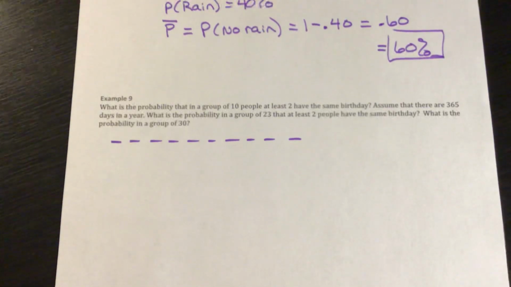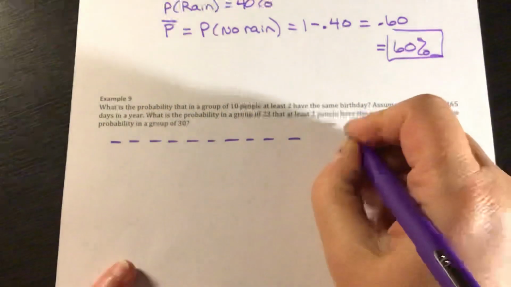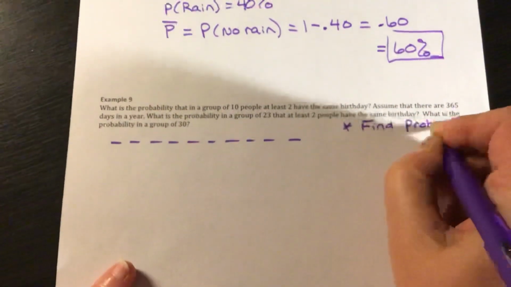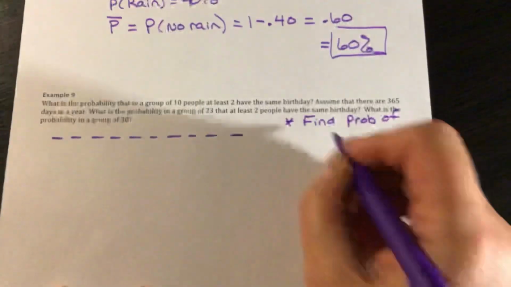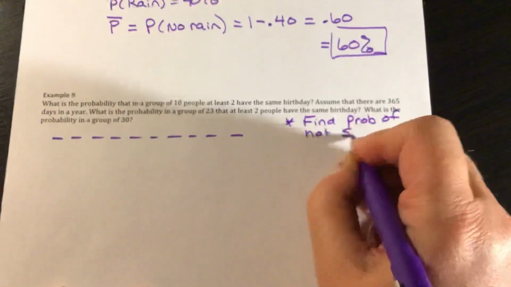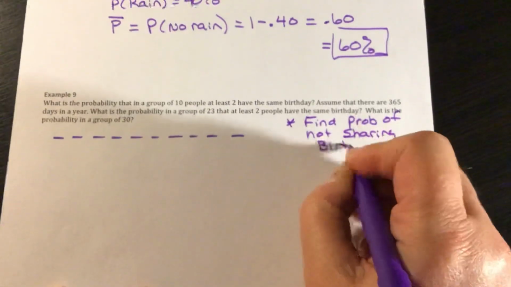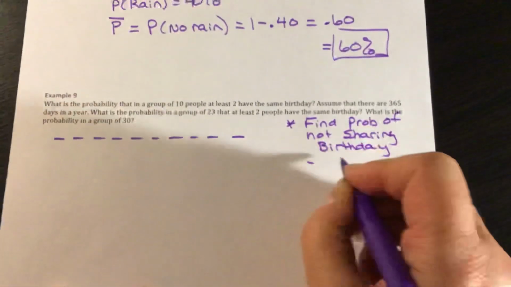So we're going to find the probability of not sharing a birthday, and then find the complement.